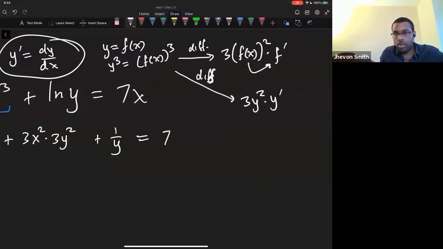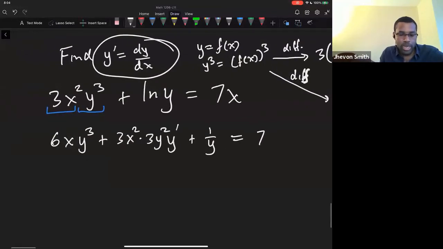So in other words, you would put the y prime every time you differentiated a y. There would be a y prime attached here, a y prime attached here, because over here we differentiated the x, so you don't do anything. Over here is where we differentiated the y, and over here we differentiated a y.